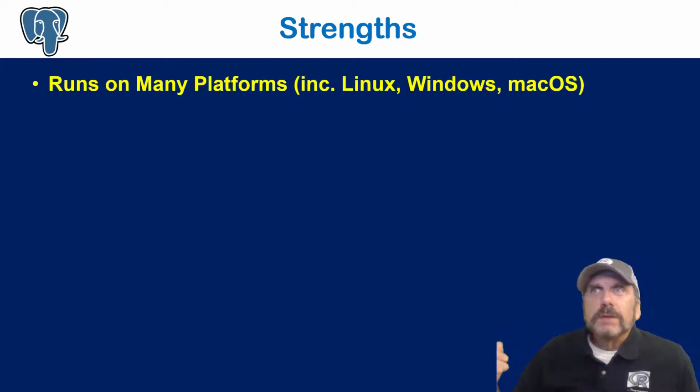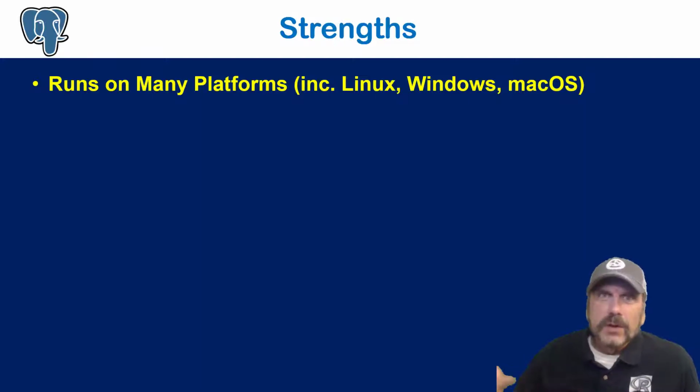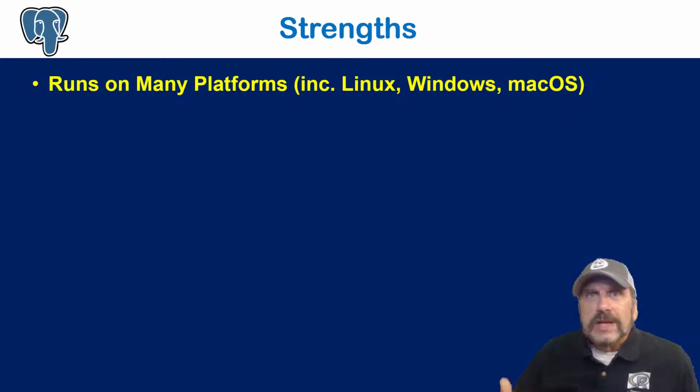Number one, it runs on many platforms. Now this is really kind of cool and interesting because if you think of Oracle, I think of Oracle as being a Linux or Unix environment database. I don't even know if it runs on Windows, to be honest, but I've certainly never thought about trying to run Oracle on Windows. And although SQL Server in recent years, as of 2017, released a Linux runnable installable version, it's actually using containers.